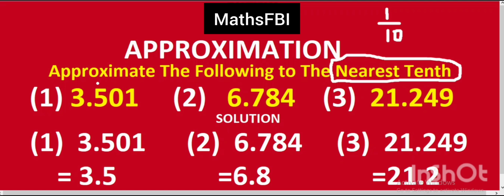Okay, so in question number 1, the place value is very important. After the decimal point, the first number is the tenth, meaning this is 35 over 10. 35 over 10 is 3.5, so this is tenth. This is hundredth, meaning that we have divided 350 over 100.